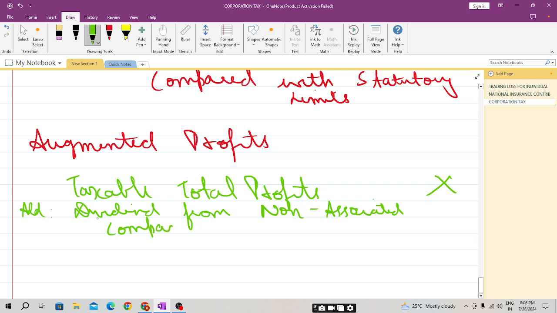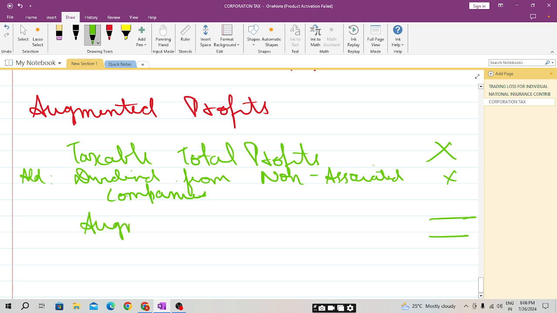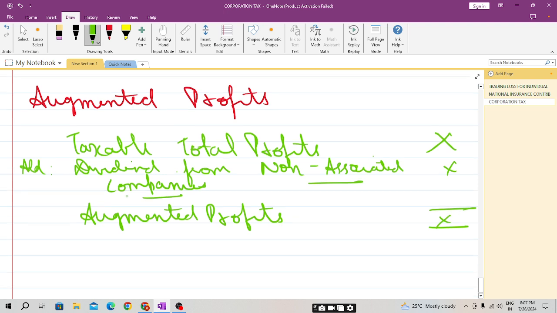But students, we have already seen that the dividend amount will be exempt from corporation tax. But the dividend received from non-associated companies will be useful to determine the corporation tax rate. And we have identified the augmented profit.